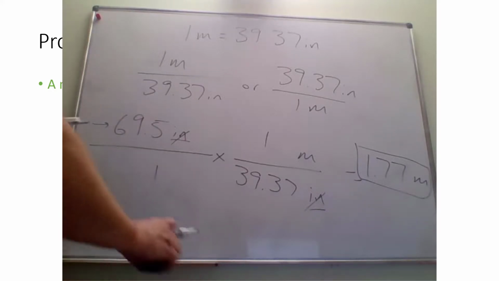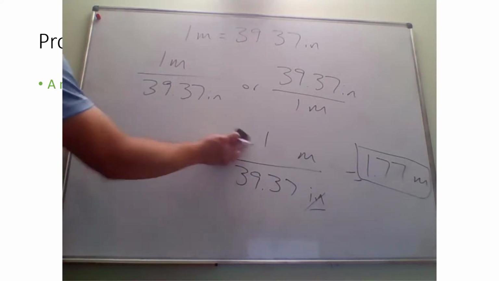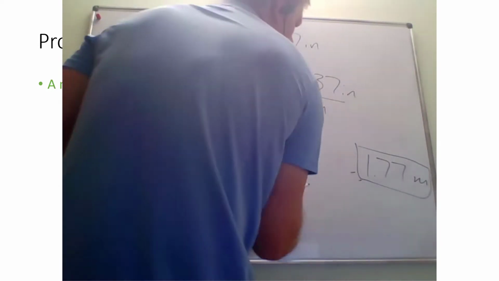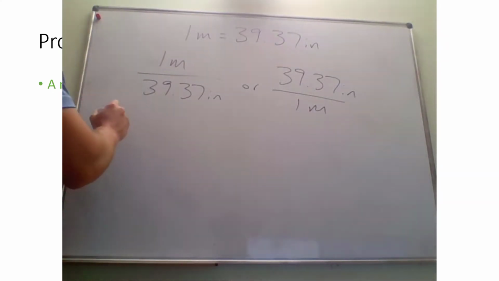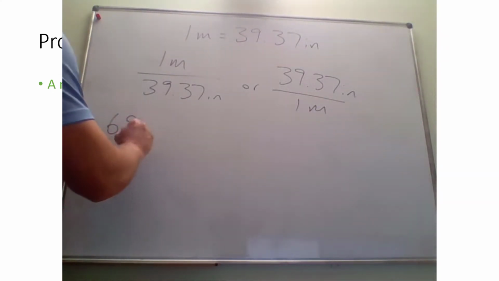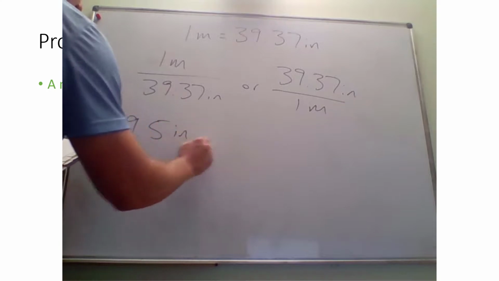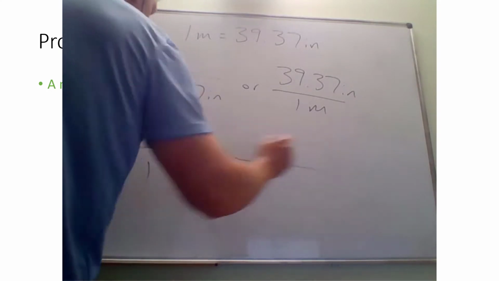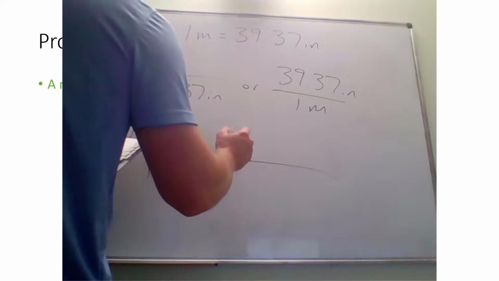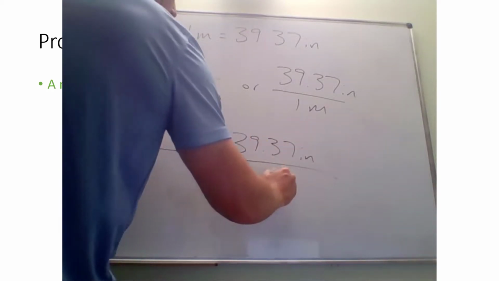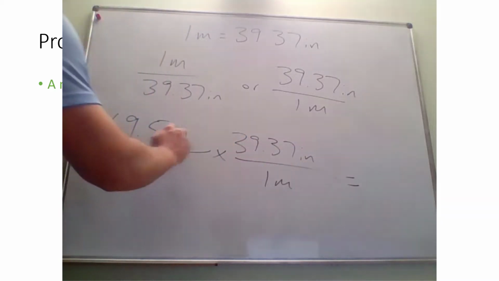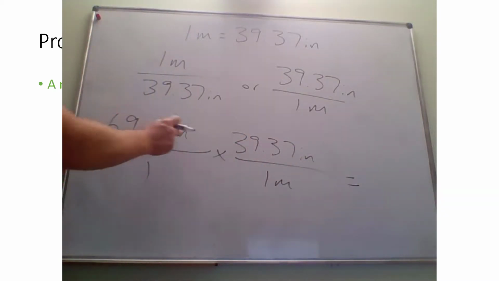We would be able to tell if we did this incorrectly. If we use the incorrect conversion factor, we would see that our units don't cancel out. For example, if we say 69.5 inches, measured value over 1, and we put the inches on top, 39.37 inches over 1 meter, we see that our units don't cancel out.